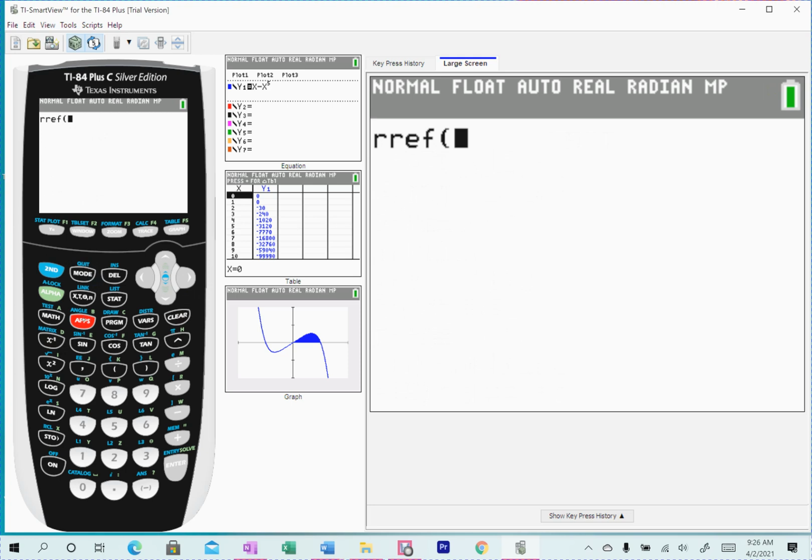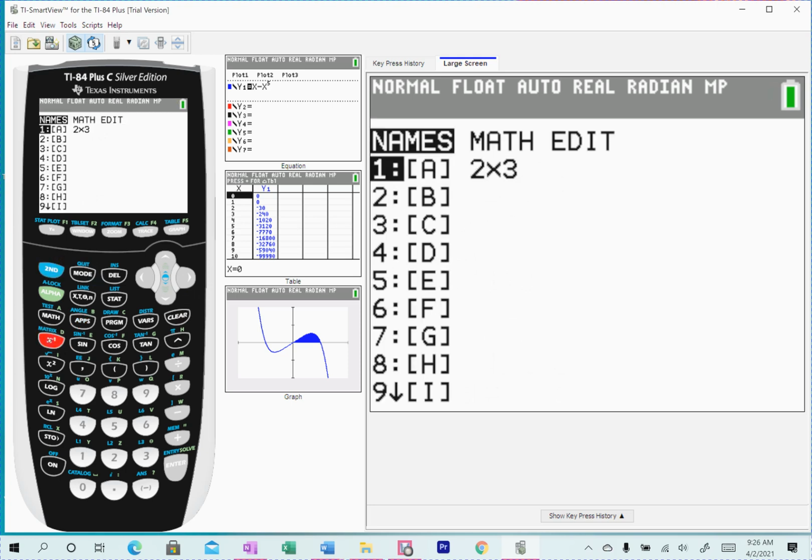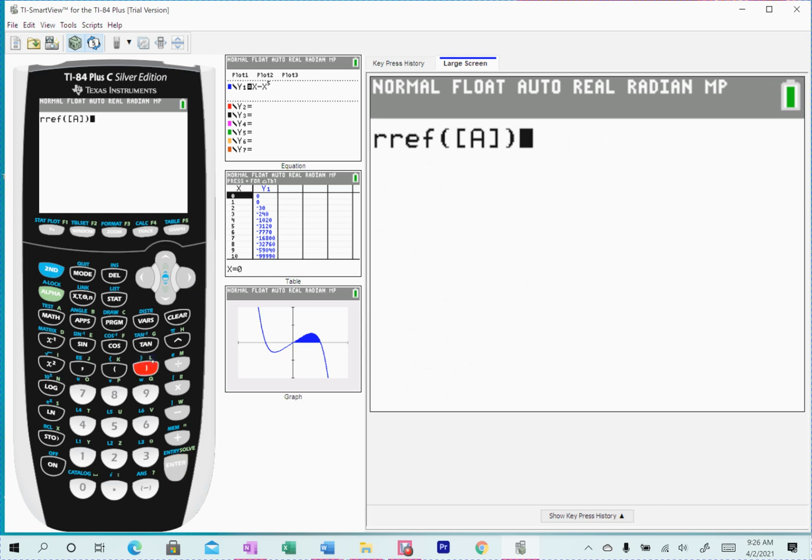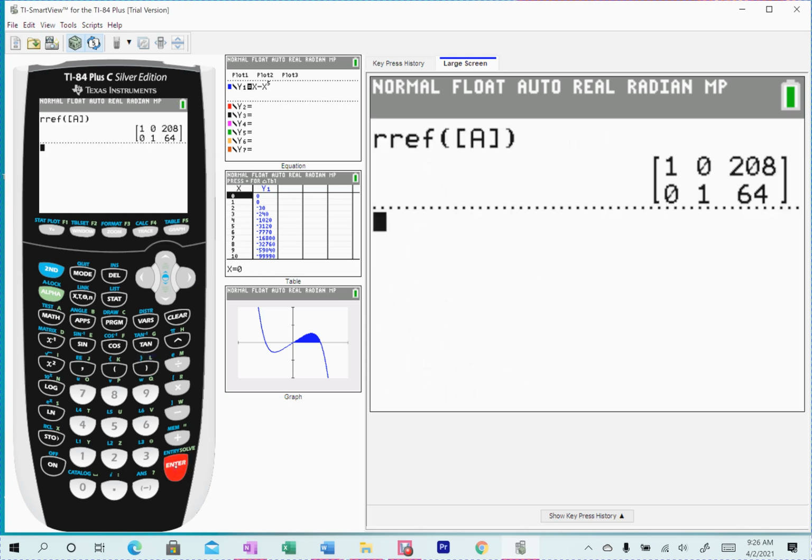Alright, so make sure the double R, RREF, is up on your home screen. Then you go back into matrix one more time. Pick the matrix where we plugged it in, so I put it in matrix A. And then hit enter, and it will solve it for you.